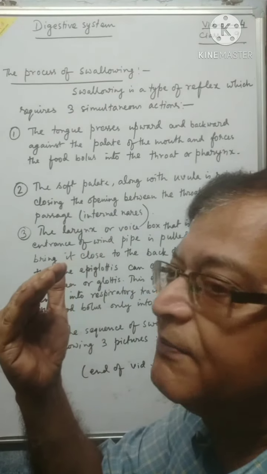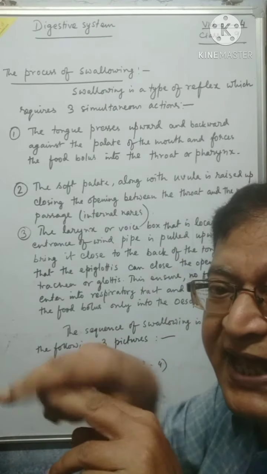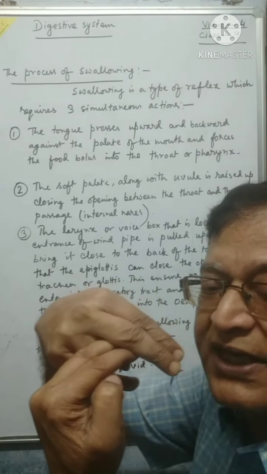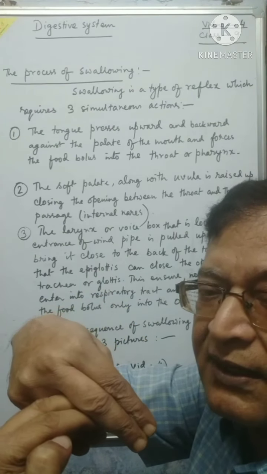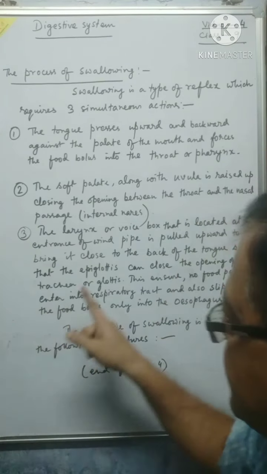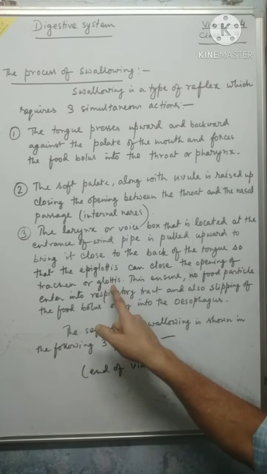It comes up in such a way that the epiglottis, a flap joined at the end of it, is made loose and closes the entrance of the windpipe, that is the glottis. The epiglottis can close the opening of the trachea or glottis.